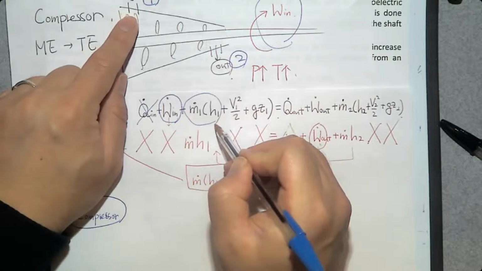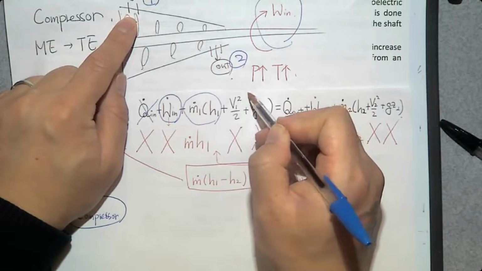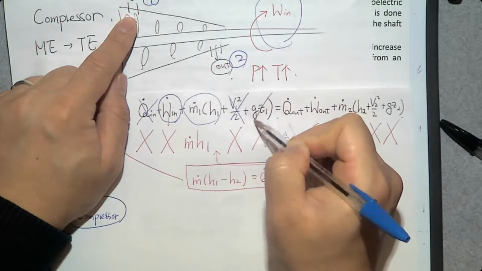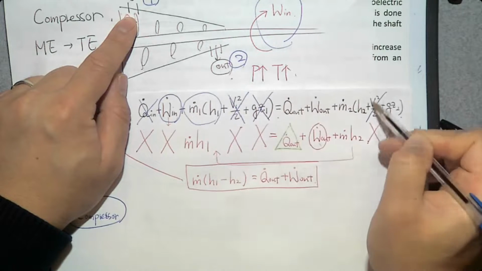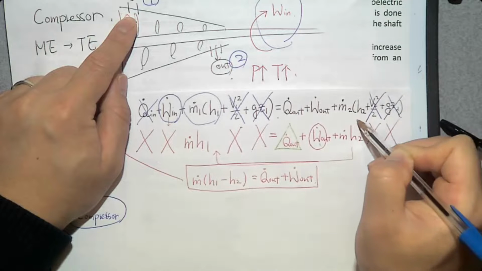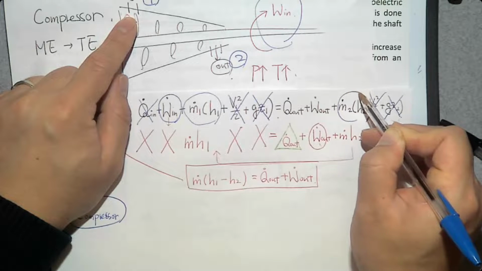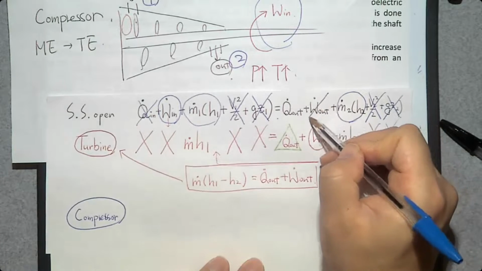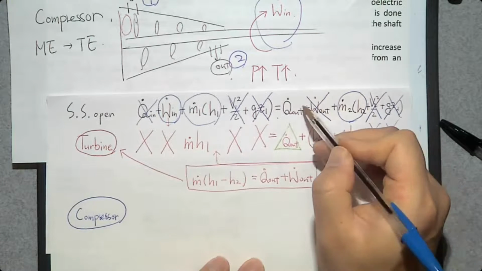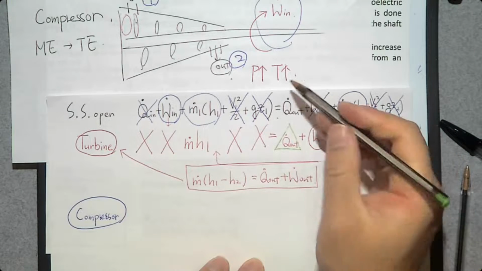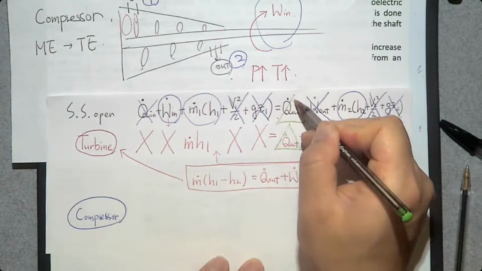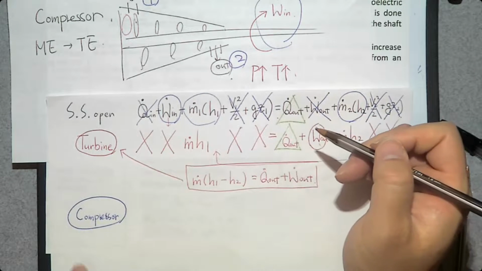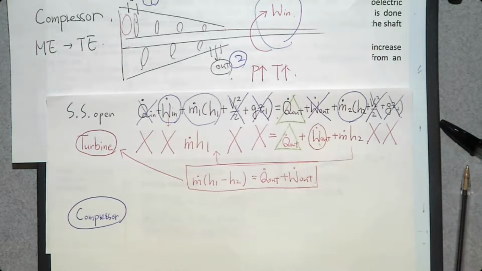Yes, there's something that goes in, but we usually neglect kinetic energy change and potential energy change. And there is energy by mass at the exit, and a compressor cannot produce work. There's a possibility of heat loss to the surrounding, depending on the insulation of this compressor.